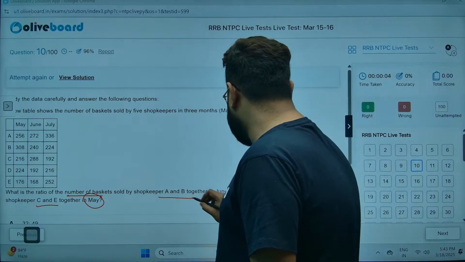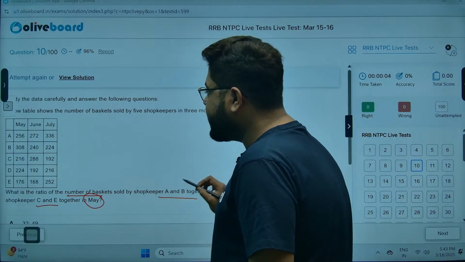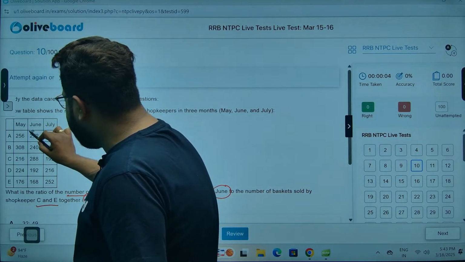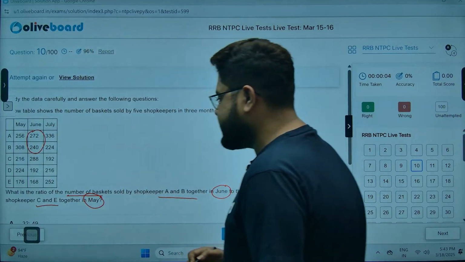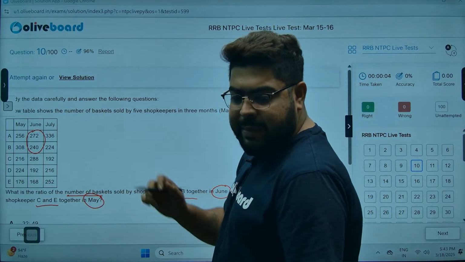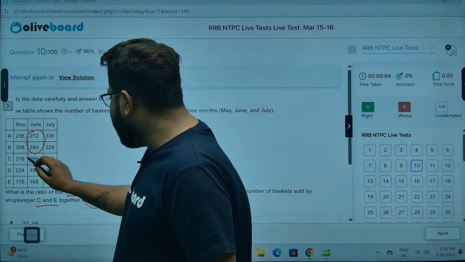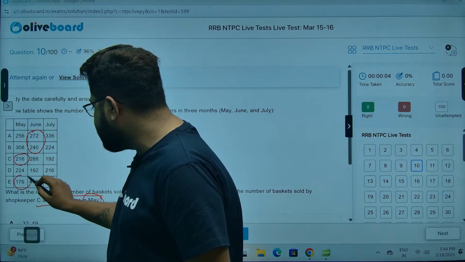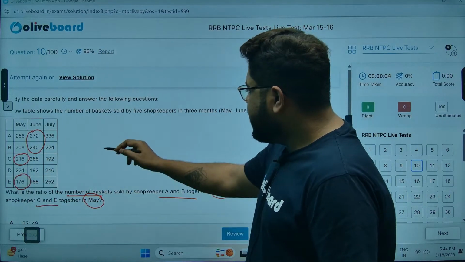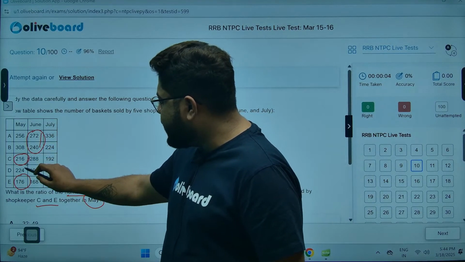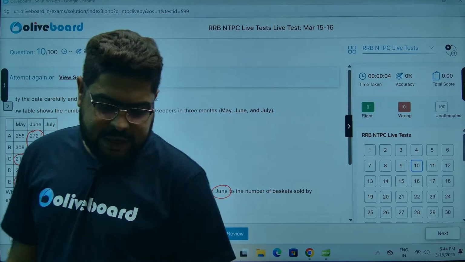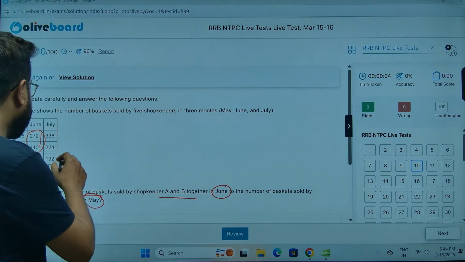So first is A and B in June. A and B in June means these two data. Second, sir, C and E in May. They're asking the ratio of the addition of these two.